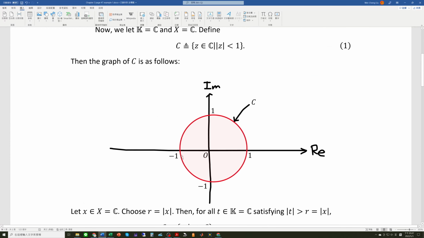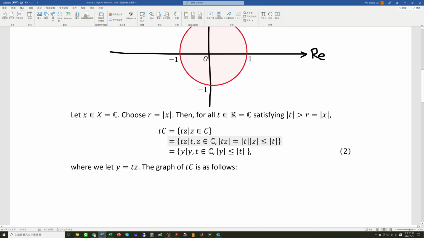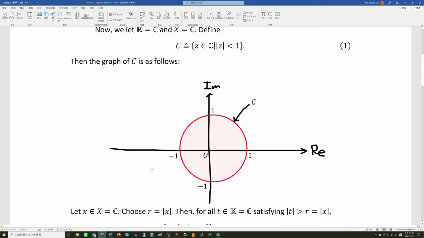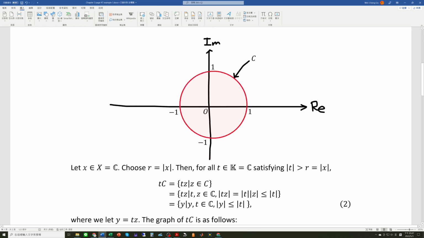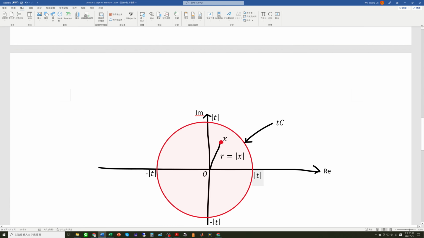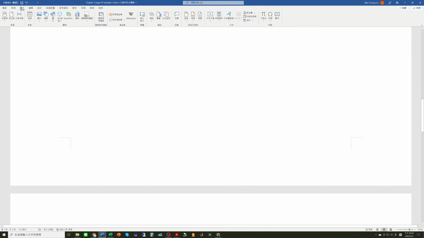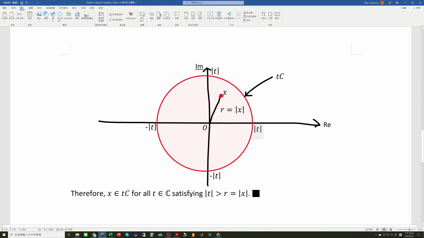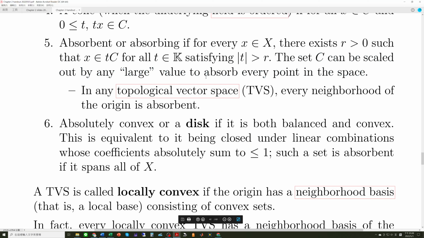This is the set C, the unit disk. So when we times C by a scalar T, we enlarge this circle. So no matter where X is, as long as we times a large enough T, the meaning of large enough is the absolute value of T is large enough, then the disk will contain the point X. It is the meaning that absorb every point in the space.